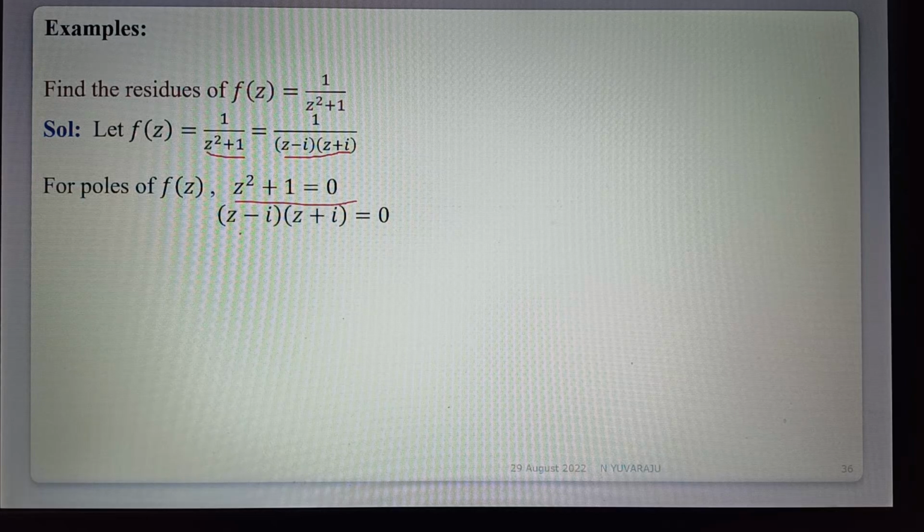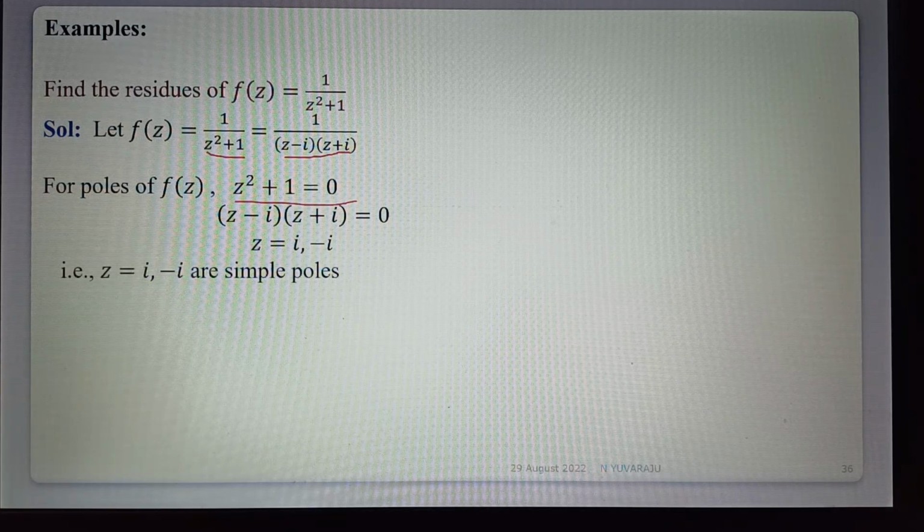So (z minus i)(z plus i) equals 0, that is z equals i and minus i. So z equals i is a pole, minus i is a pole, and both are repeated one time. So both poles are simple poles.